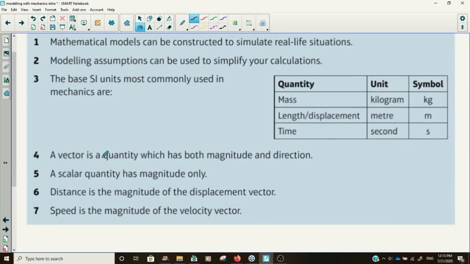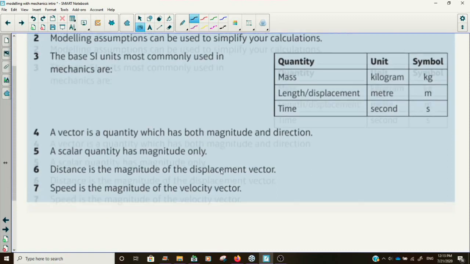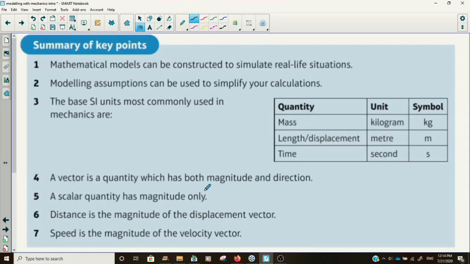How can we describe a vector in terms of the unit vectors i and j? How do we work out the magnitude and direction of that vector? Also looked at the fact that distance is the magnitude of the displacement vector and that speed is the magnitude of the velocity vector, and given the constant acceleration, that particles travel in the direction of their velocity. Okay, so there's just a summary of the key points of this chapter.